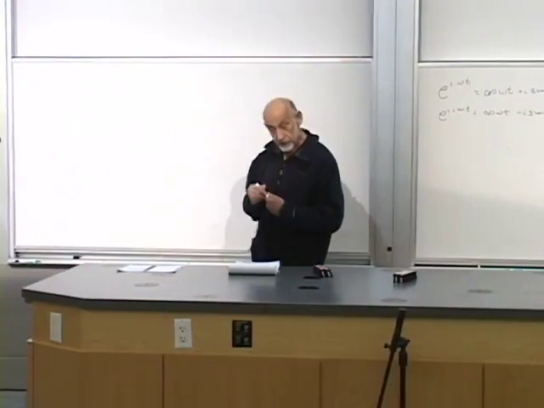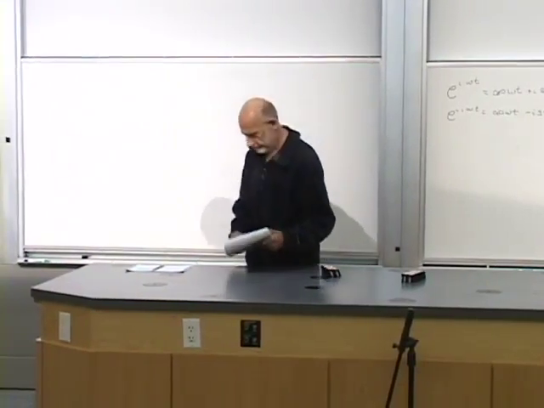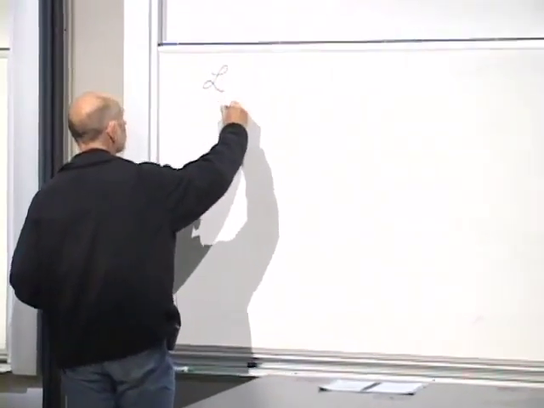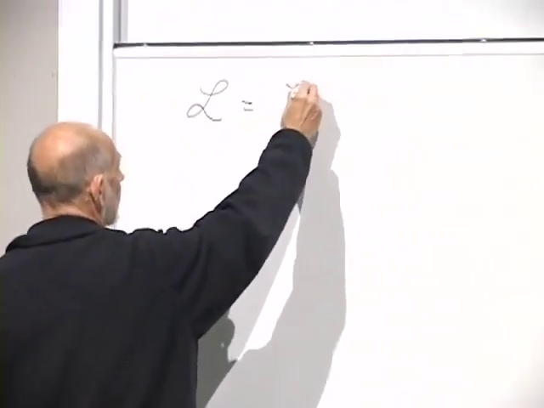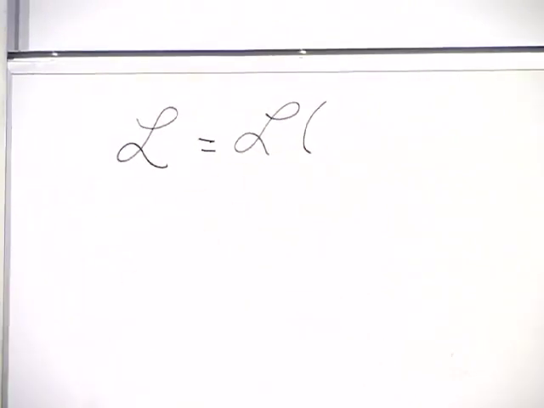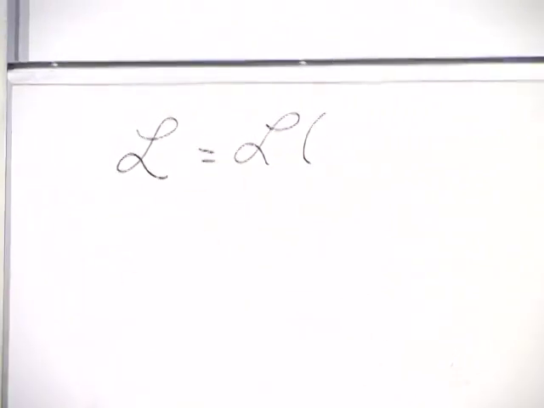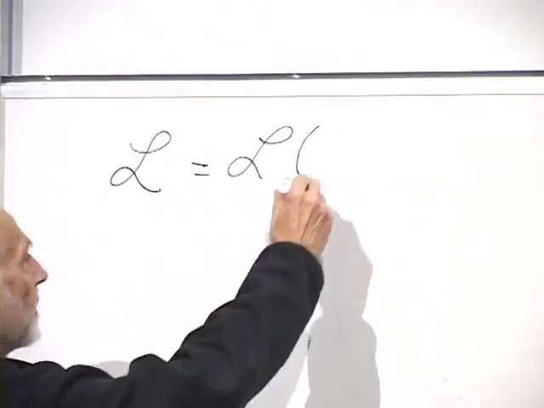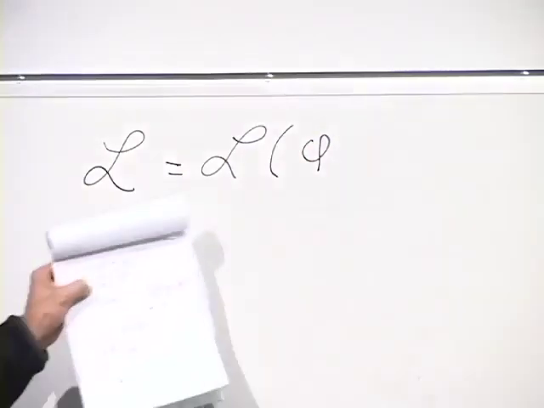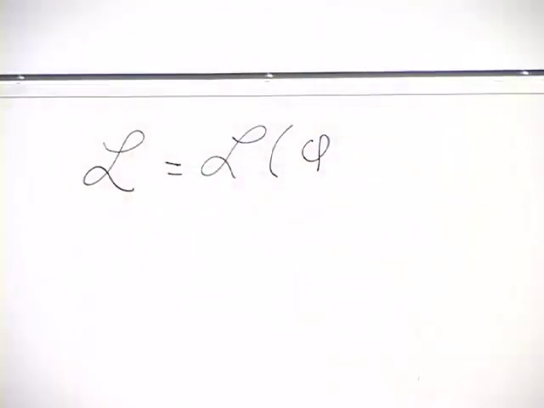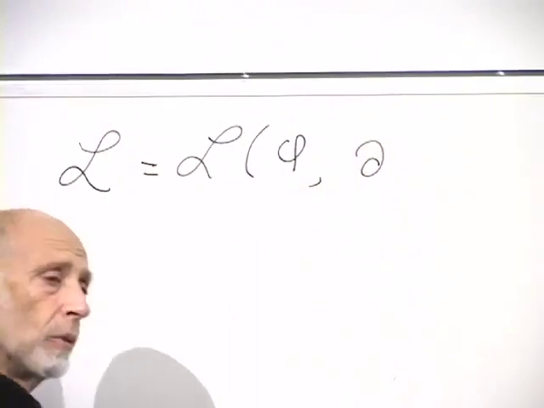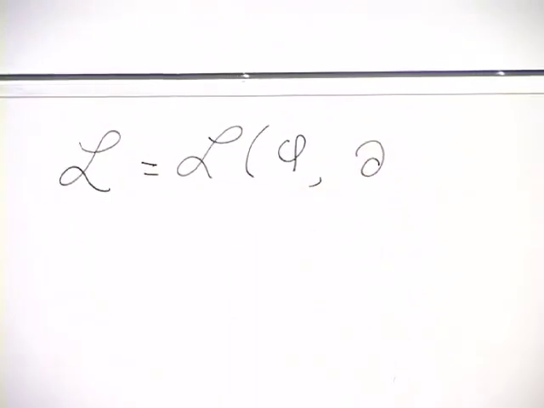Okay, so the Lagrangian of a system of fields, let's call it script L, is a function, I'll write it L of, for the simplicity, let's just imagine one field. I'll tell you what you do if you have more than one field. But supposing there's one field, phi, the Lagrangian depends on the field, and it depends on the derivatives of the field with respect to time and space.